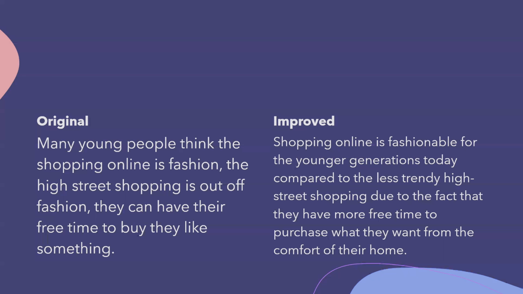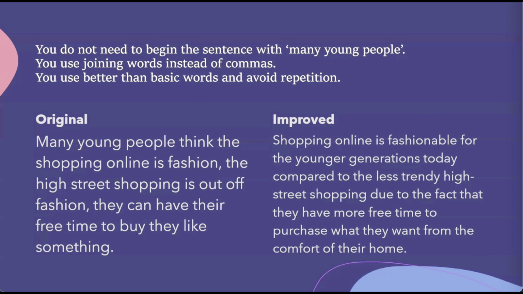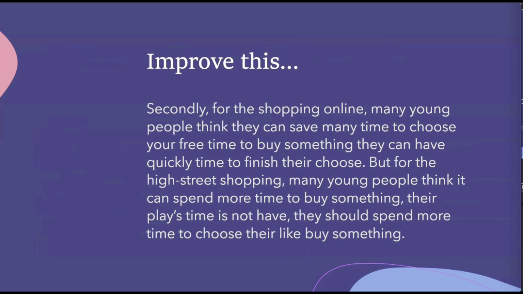And that last one is a full sentence, but a good flowing full sentence. So you don't need to begin every answer with many people today or many young people today. You use joining words instead of the commas in the original, which were wrong, and you use better than basic words, avoiding repetition. So I'll let you read this one yourself, but this needs improving also.